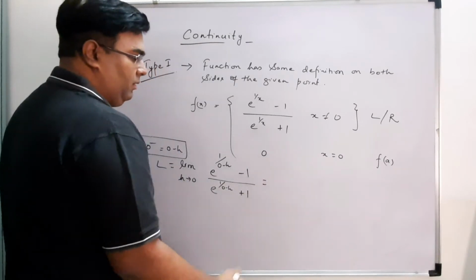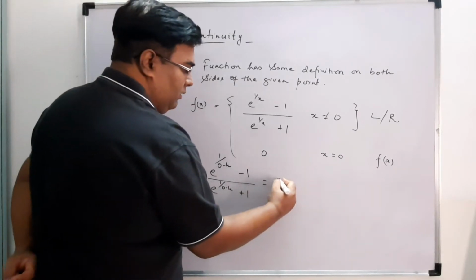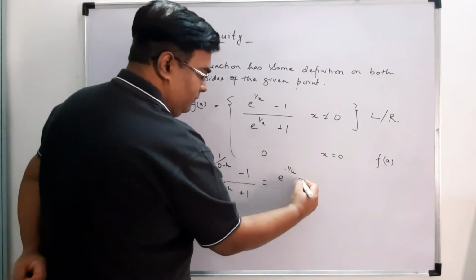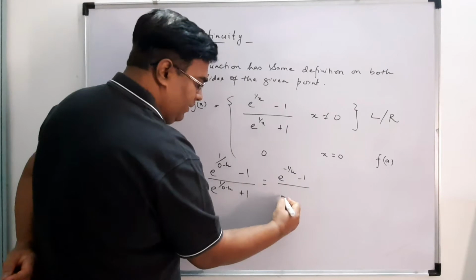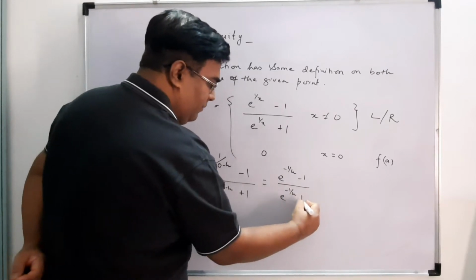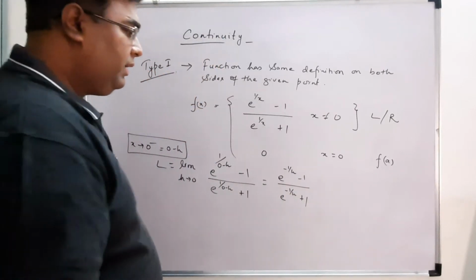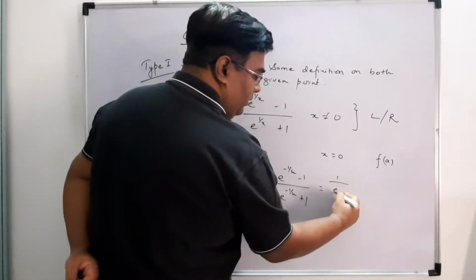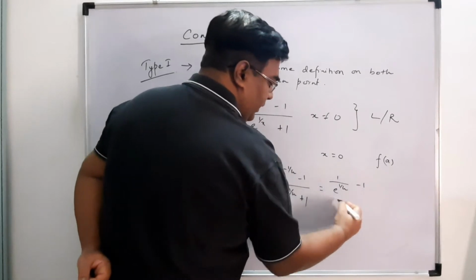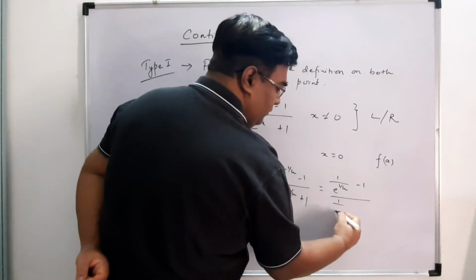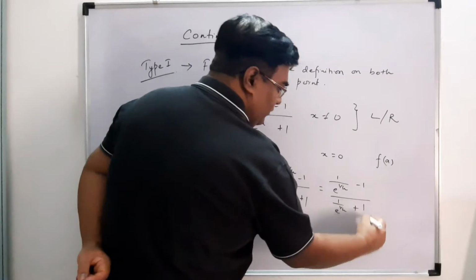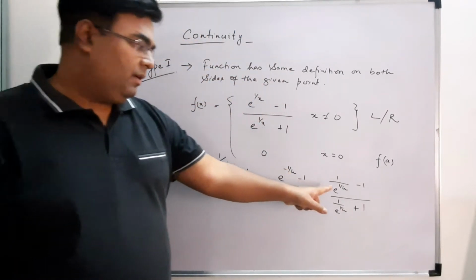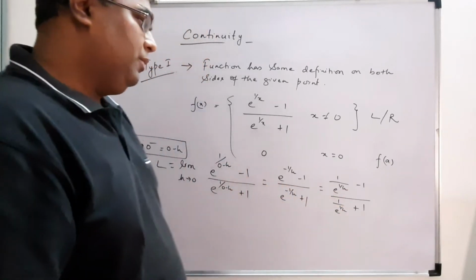Then it will be like (e^(-1/h) minus 1) upon (e^(-1/h) plus 1). This will give me (1 upon e^(1/h) minus 1) upon (1 upon e^(1/h) plus 1). Since the power was negative, we made it positive by taking the reciprocal of it.